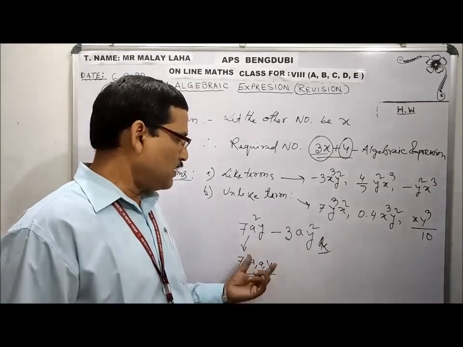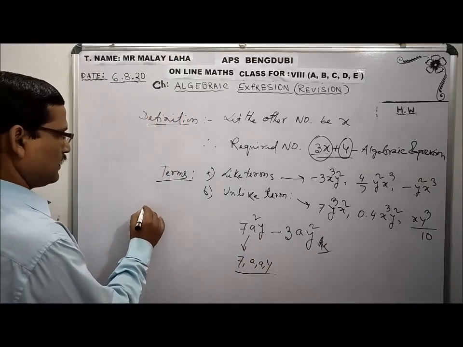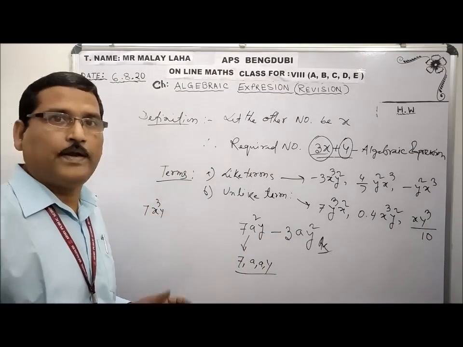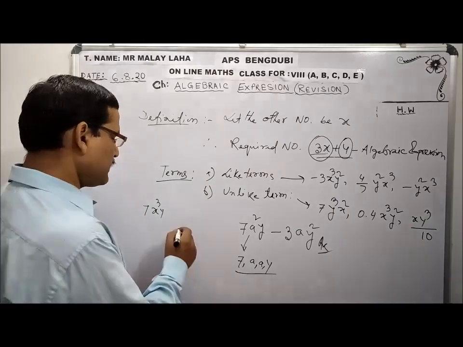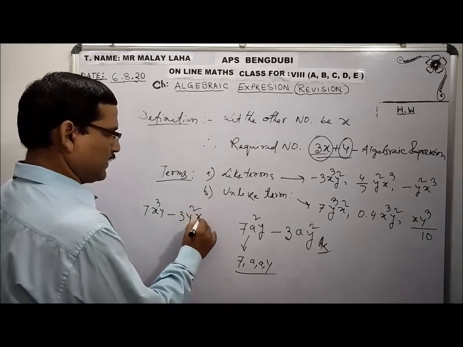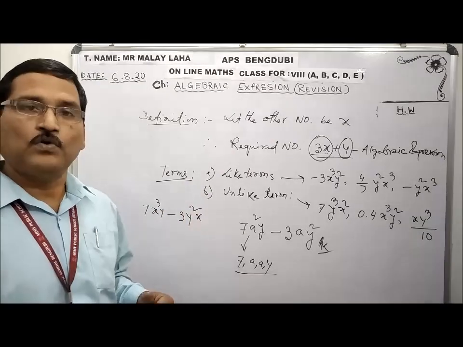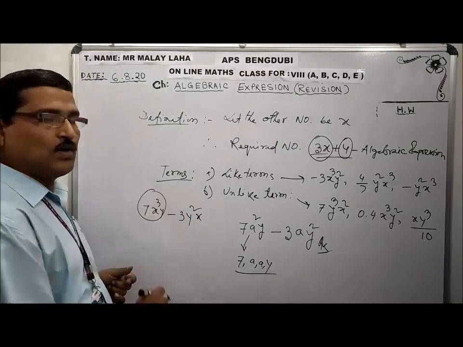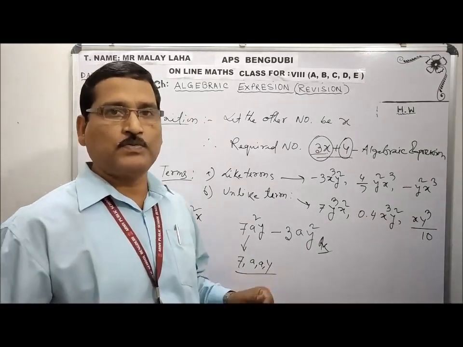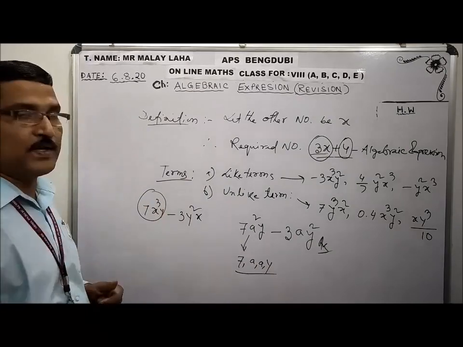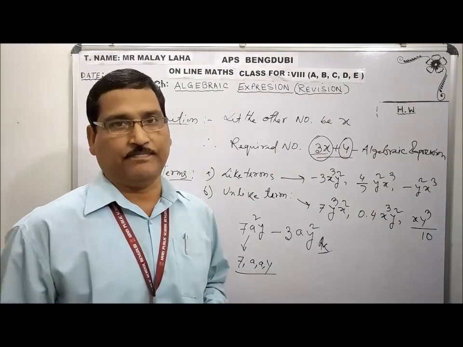If I say here minus x cube y, it is an algebraic expression. After that, if I write 3y square x, a combination of 2, also a polynomial. Okay, a single part is also a polynomial. A combination of too many terms is also a polynomial. Why? Because the power of the variable is non-negative.